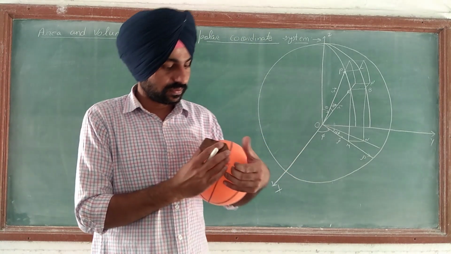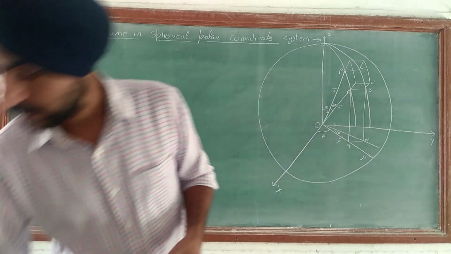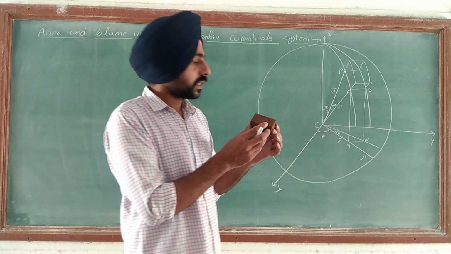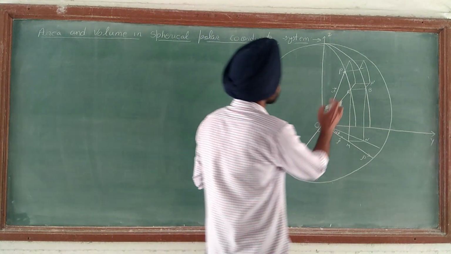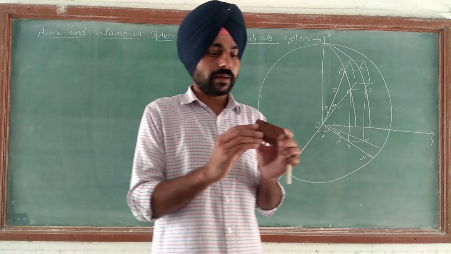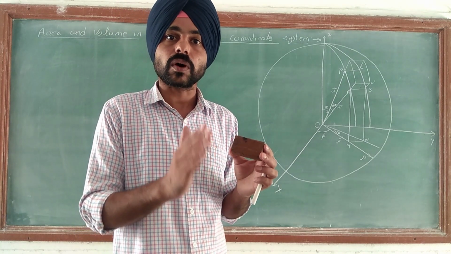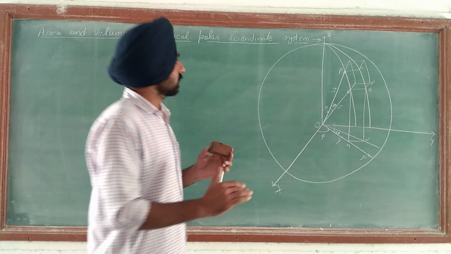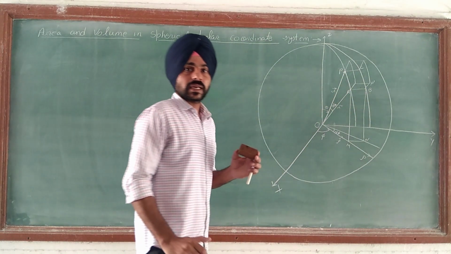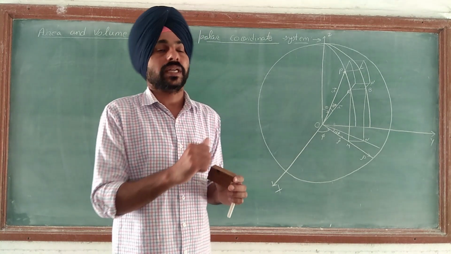Okay, so now we will find out first the area vector. Now I am leaving this sphere, and let us see this structure. If we are looking for the area of this PABC, conventionally we have to choose the area vector in such a way that it should be normal to the plane containing the vectors PA and AB, and the area vector should be normal to the plane but in the outward direction.